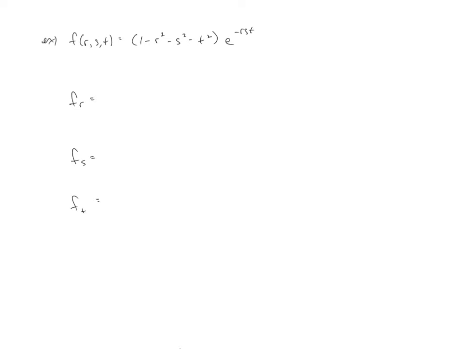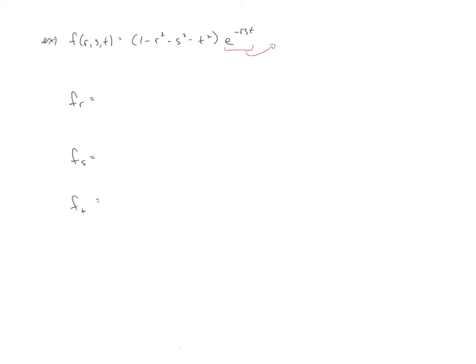So, for example, if we start off with f sub r, that means that r is the only thing in here that we care to take the derivative of as a variable. That also means that s and t are going to be considered constants at that point. So one of the things I might do, especially early on in this process, is rewrite parts that are a little misleading to reflect what I'm looking for.